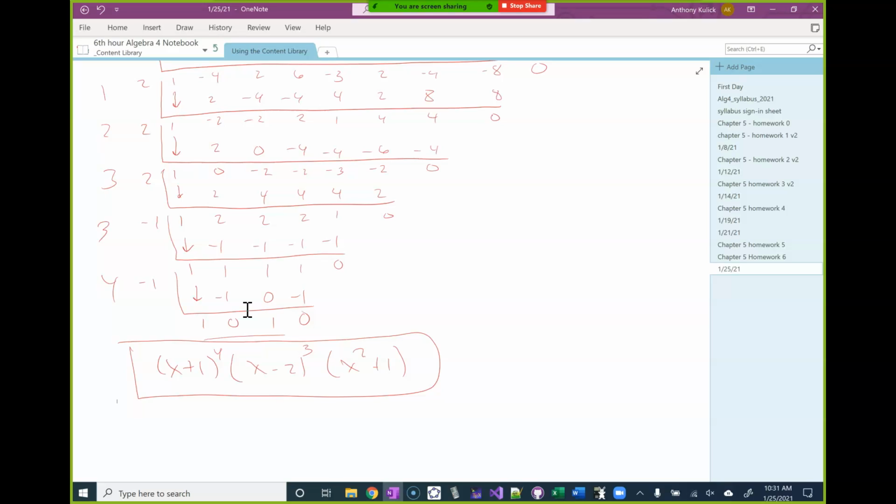Sound fair? Okay. Again, I apologize for not getting a chance to do a little bit more of that to this point, but I wanted to get to here where we have all the tools together in one place. To really let you practice things. Okay?